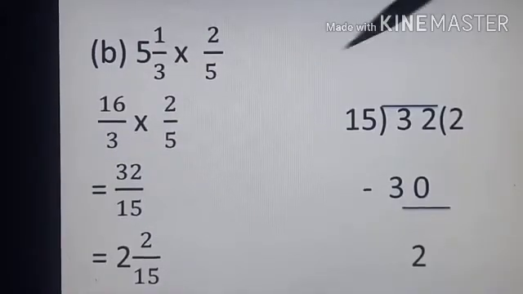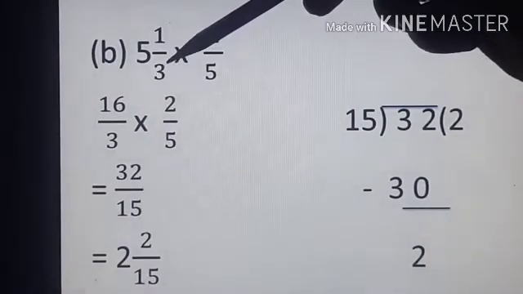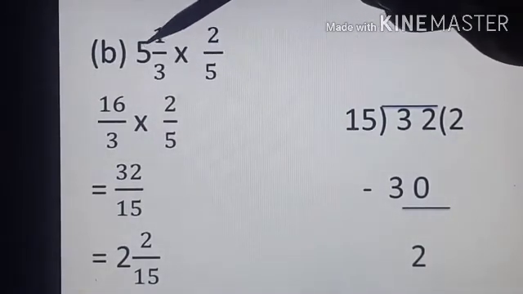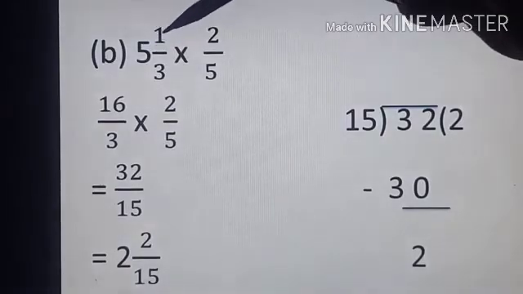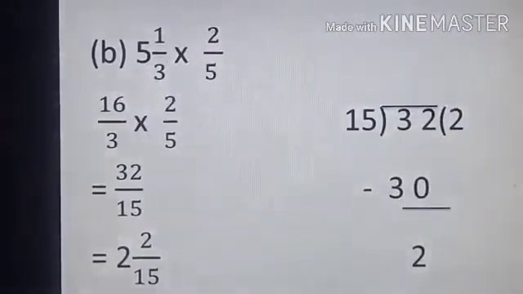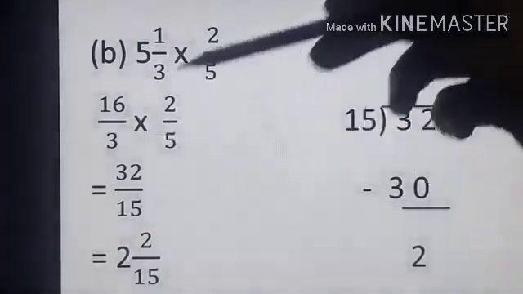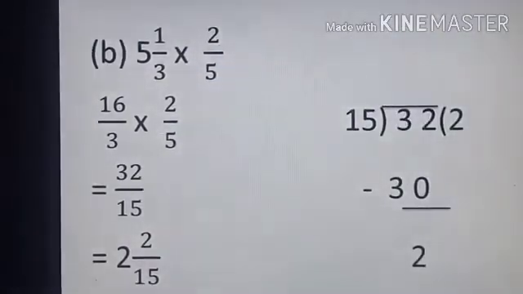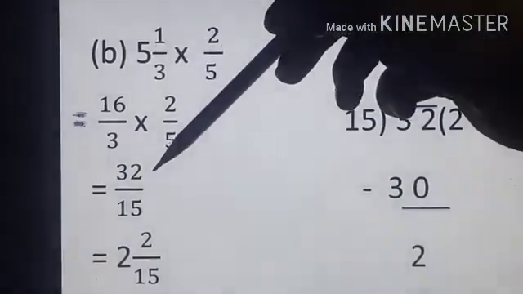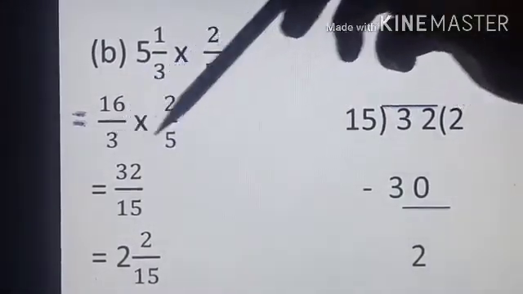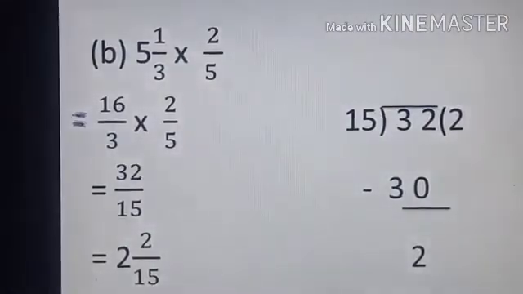Now, B part of question 2. 5 whole 1 upon 3 multiply by 2 upon 5. Okay. Now, you know, beta, 3 fives are 15 plus 1, 16. 16 upon 3 multiply 2 upon 5. Now 16 twos are 32. 3 fives are 15.